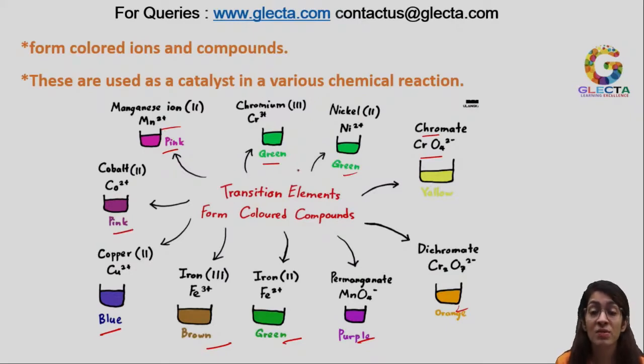So transition elements have the property of variable oxidation state, and due to this variable oxidation state they form different colored compounds.